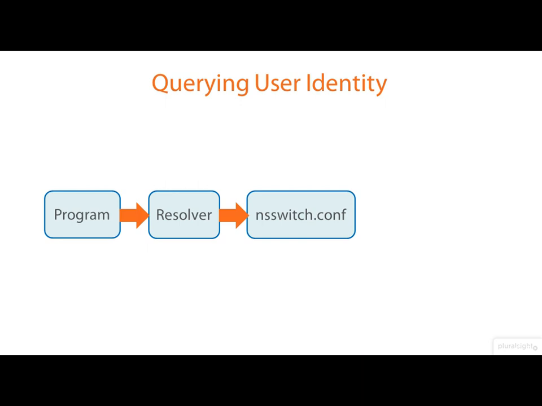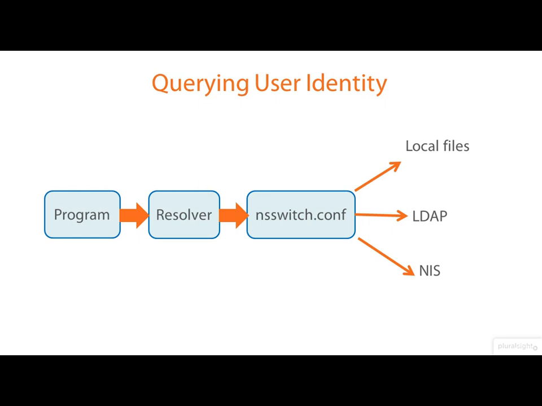And this file tells the resolvers where to go to look for the information that they need. In this case, it might direct them to the local file, like /etc/passwd, or it might direct them to an LDAP directory, or maybe to one of the older NIS maps, or possibly to several such places.